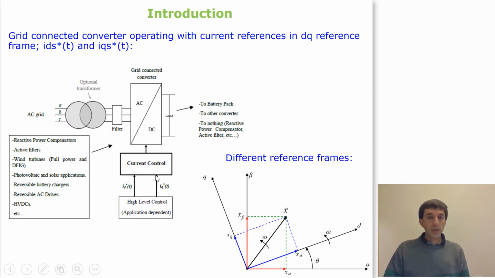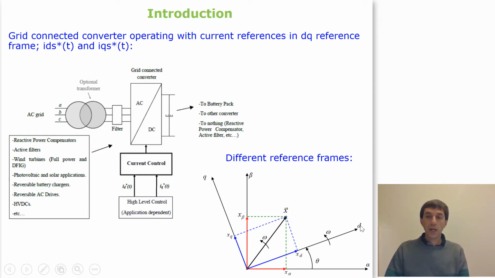So depending on the current control that is employed, we normally do the control by using different reference frames. One reference frame could be the alpha beta, which is stationary, which is not moving. And here we could represent one space vector, x, that could be a current or a voltage within this power electronic converter, and its projections to this alpha beta reference frame could be these ones, alpha and beta.